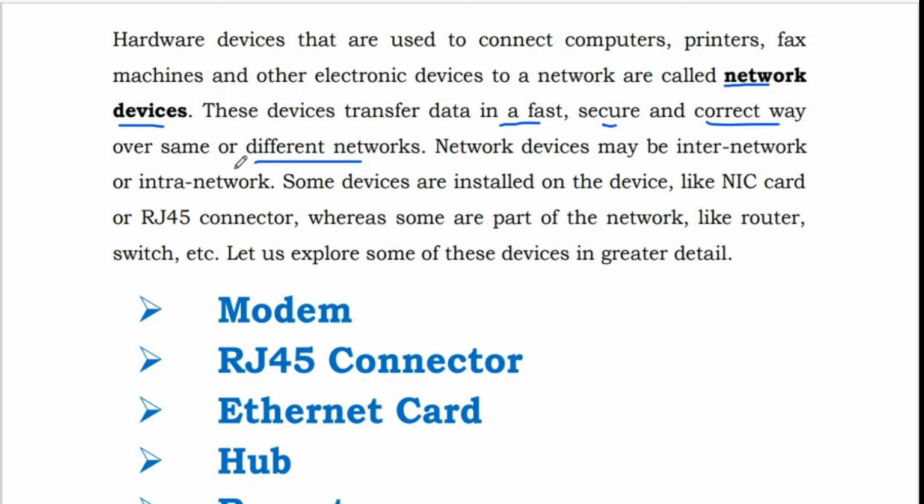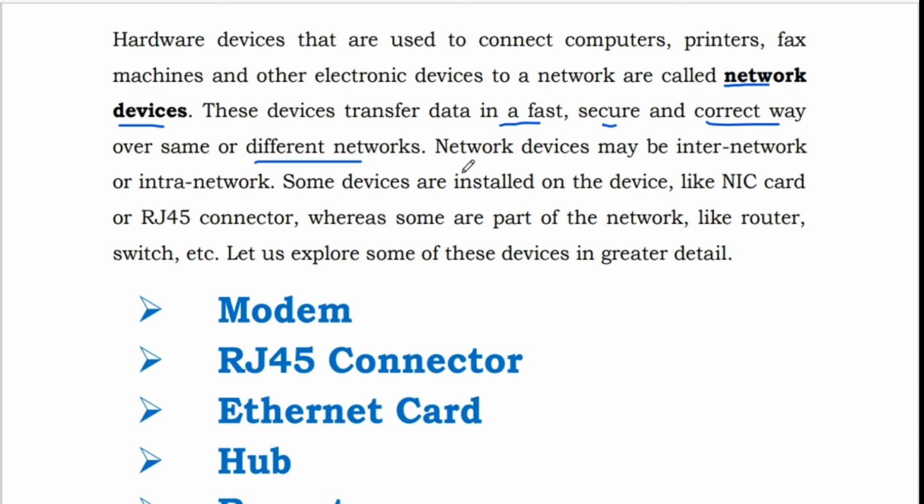These devices may be within the network, or they may be communicating with other electronic components which are part of a different network. The main job of these devices is to allow the electronic components to transfer data in a faster, secured way, and the data that they transfer should be correct.